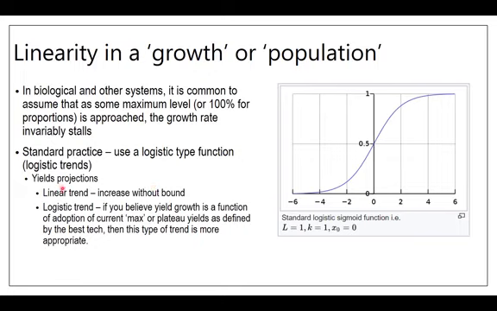So thinking about yield and projecting yield, linear trends say that things increase without bound. If we're talking about a crop yield, people that study these things in depth think, well, let's think about the details of what's causing yield to grow, right? Is it that there's some new technique for growing crops, and it's an improvement, a more productive technique?